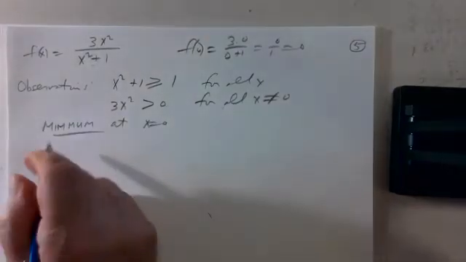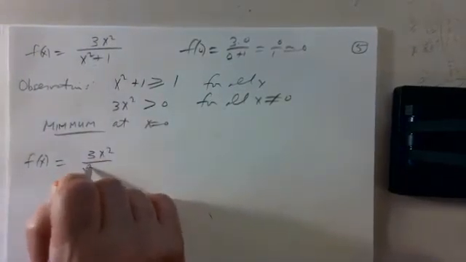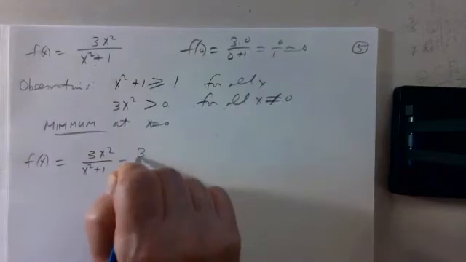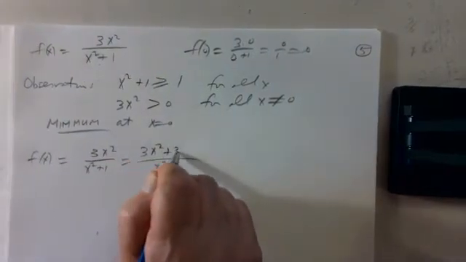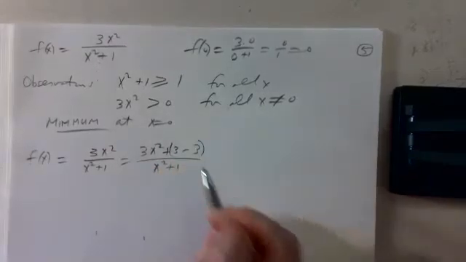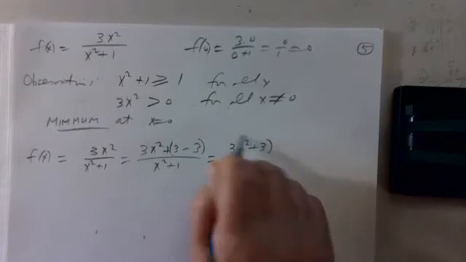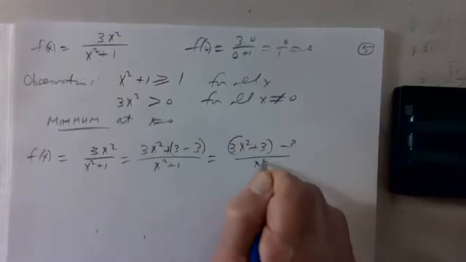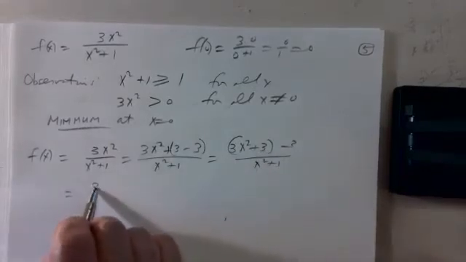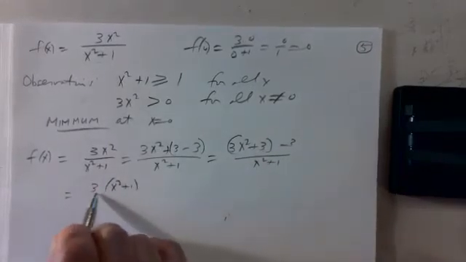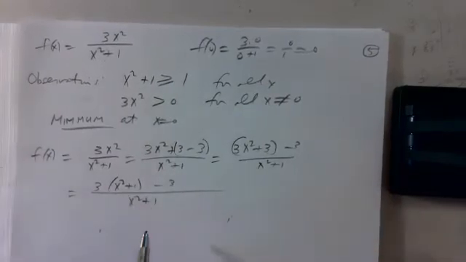If we just use a little bit of high school algebra, we could say the following: 3x squared over x squared plus 1. This is the same as 3x squared. And let me add 3 and subtract 3 from the numerator. So I just put in 0. So this is 3x squared plus 3 minus 3 over x squared plus 1. 3x squared plus 3 is 3 times x squared plus 1, minus 3, over x squared plus 1.